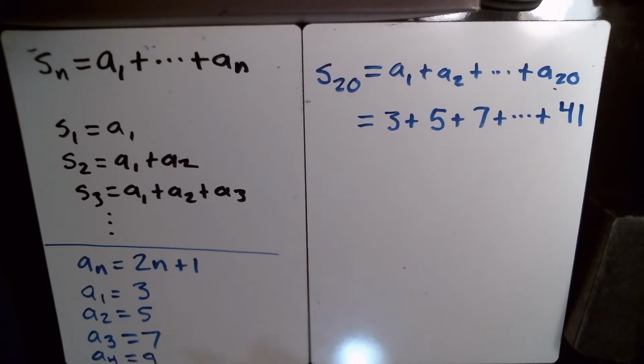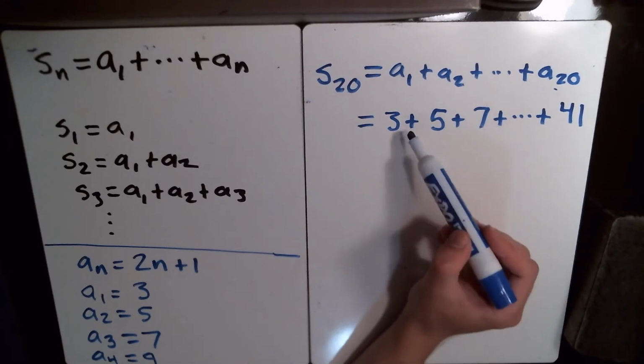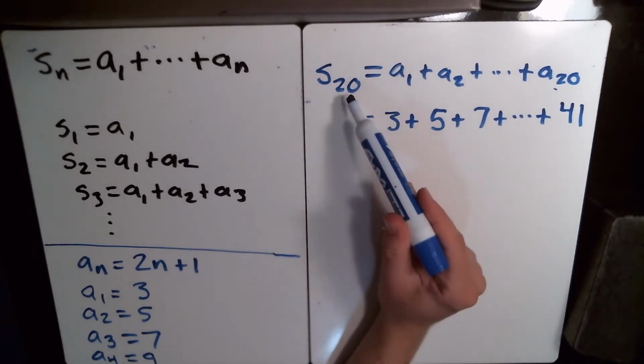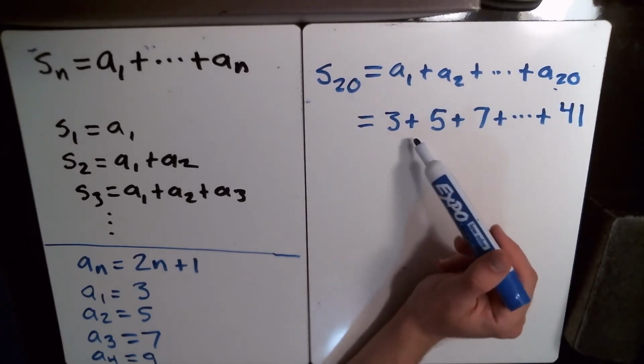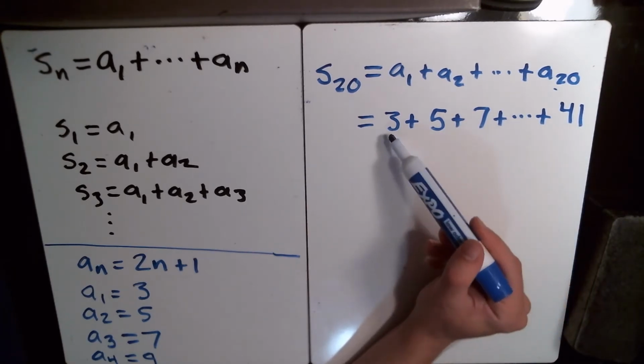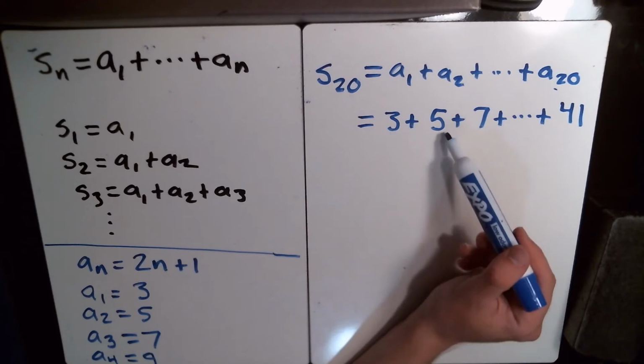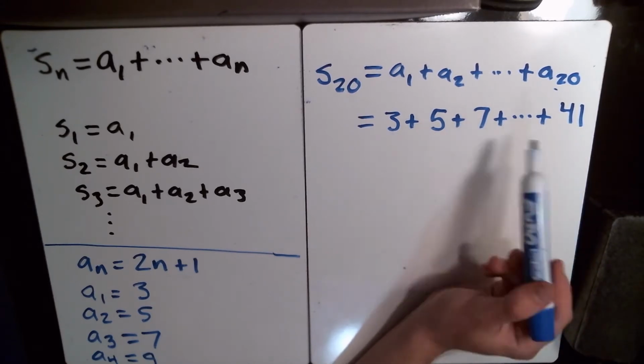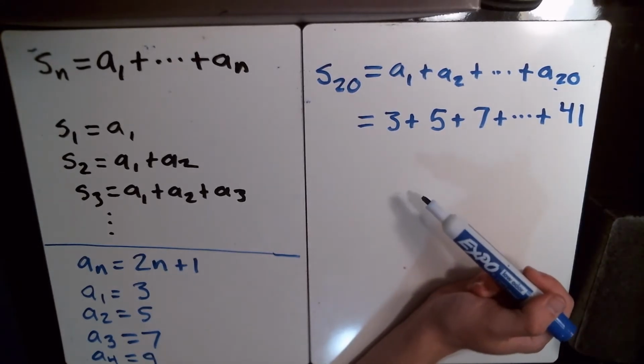Okay, so in this case, S sub 20 for this sequence that we're dealing with is, well, we're adding up all those terms up to the 20th term, right? So it would be the sum of all the odd numbers, essentially, from 3 to 41, okay?